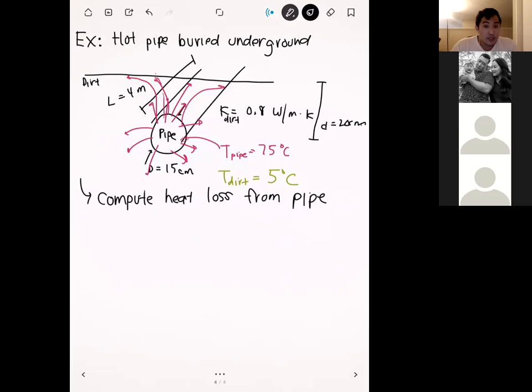All right. Because we have this 2D situation, the first thing we have to do is look at our table 4.1 and see if we have any geometries that look similar to this.